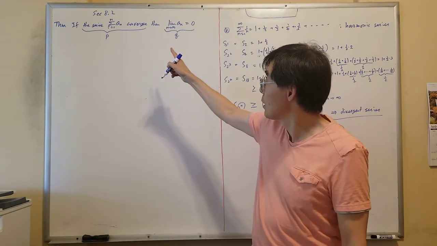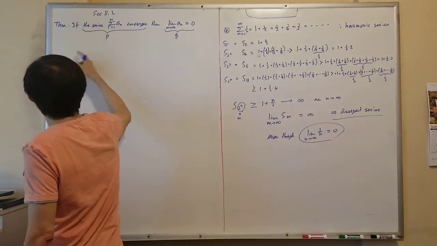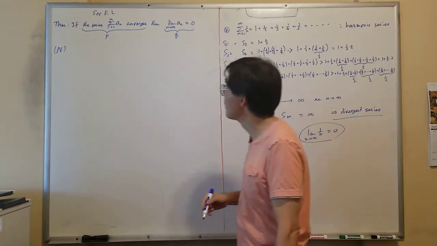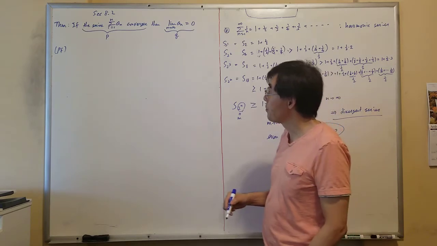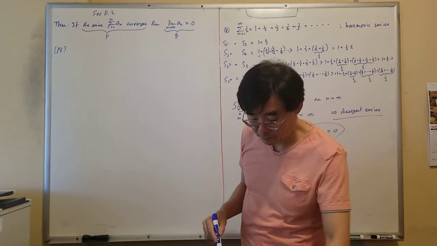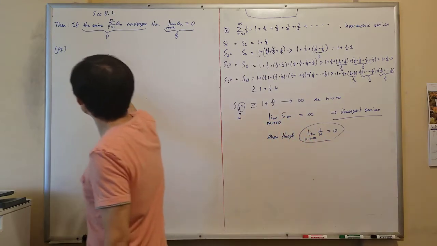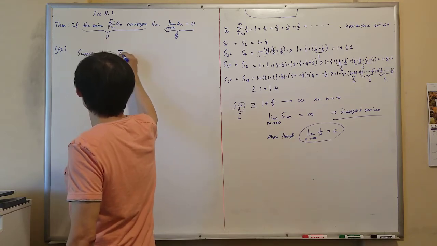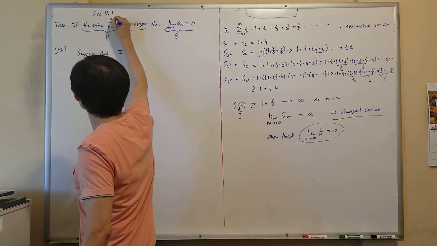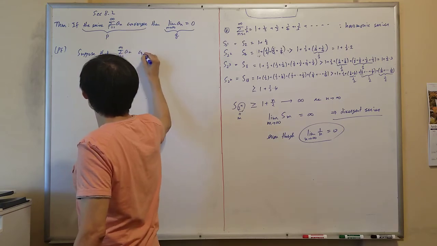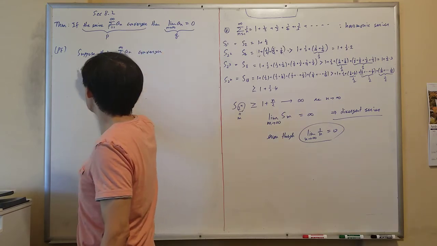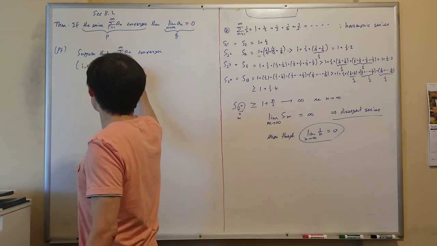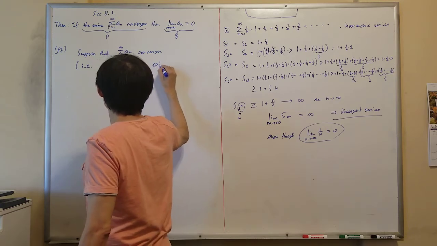Now, if we can show this one, well, I'm going to show this one first, proof, and then I want to cover the contrapositive. Okay. So suppose that, to prove this, suppose that this series, going to infinity, converges. What does it mean? I.e., the limit of S_n, let's say S, exists.